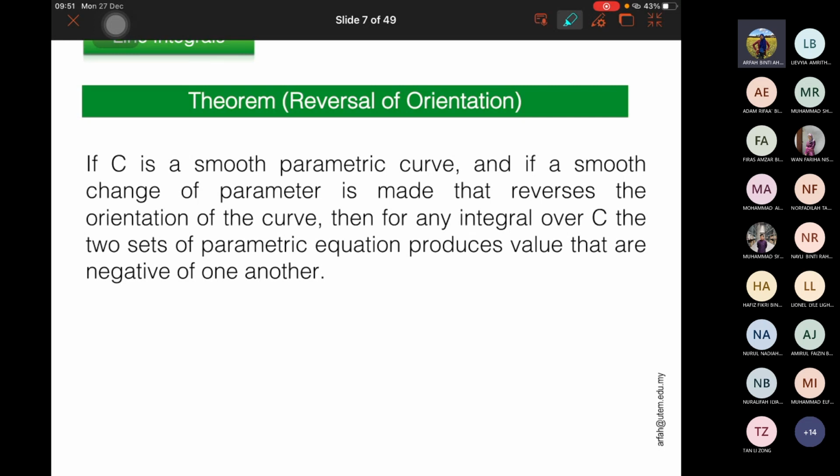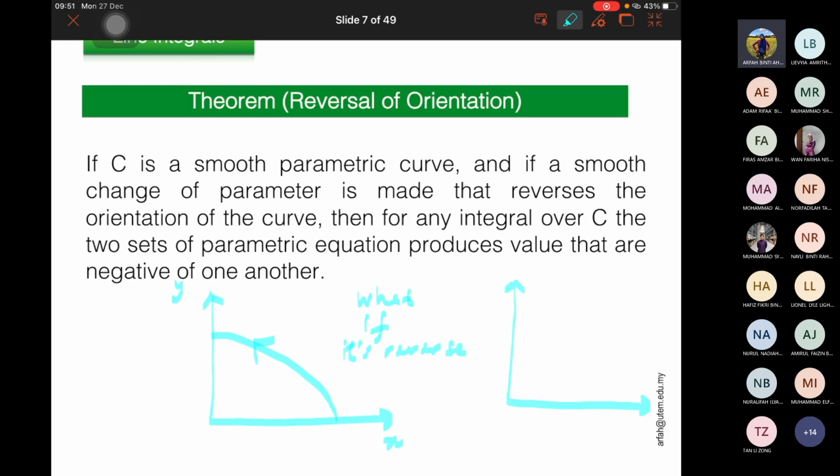Meaning that, for this example, if you have X and Y going from bottom to top, what if it is reversed, meaning the movement goes from top to bottom? Okay, it will produce values that are negative of one another.